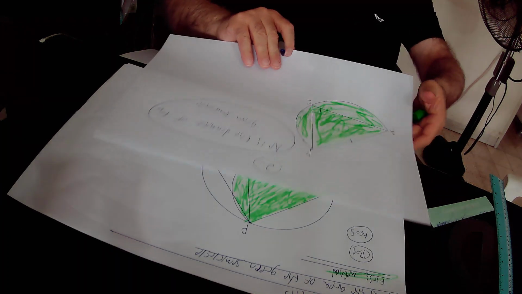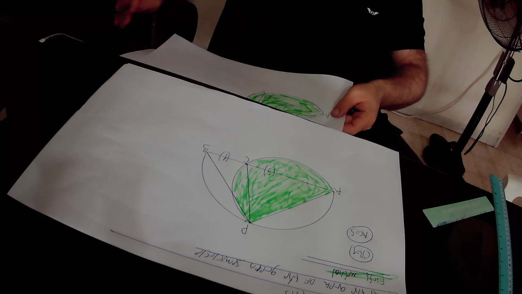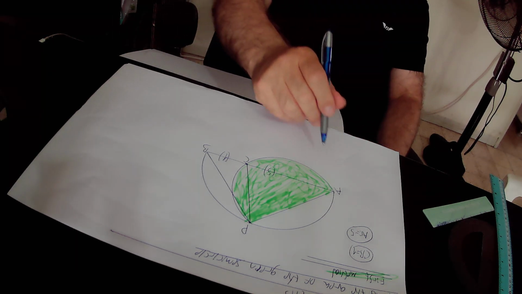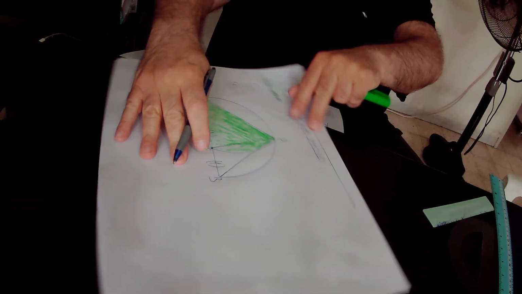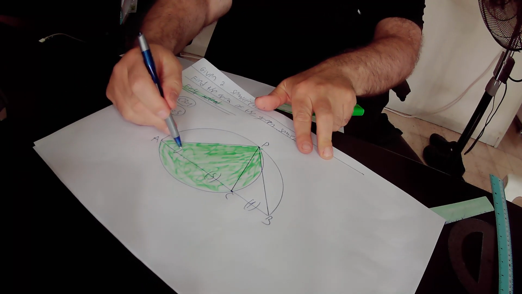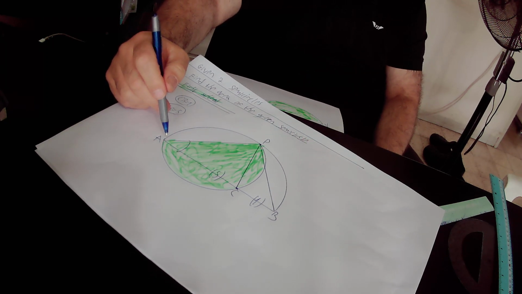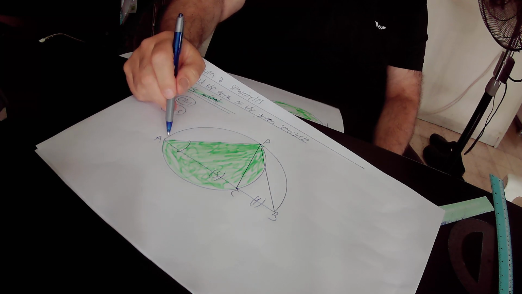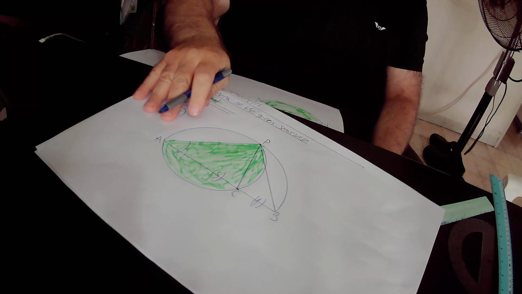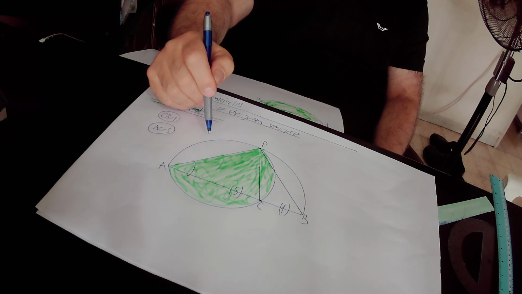So, if we focus on the original drawing, angle A is a common angle that belongs both to the green triangle APC and to triangle APB. Therefore, angle A is a common angle that belongs to both triangles.